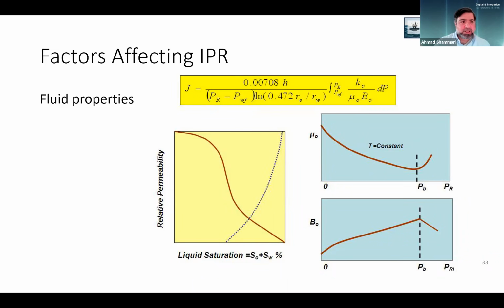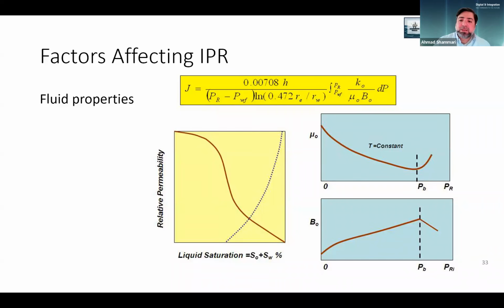Number one, of course, is the fluid properties. And here I'm showing you, if you recall, we showed Darcy IPR last time, I remember, okay? So for Darcy IPR, this is before integration, but what I'm trying to say is, you can see that this J method, or the PI method using the Darcy method, is actually directly related to K, permeability, mu, the viscosity, and B, which is the formation volume factor, okay?